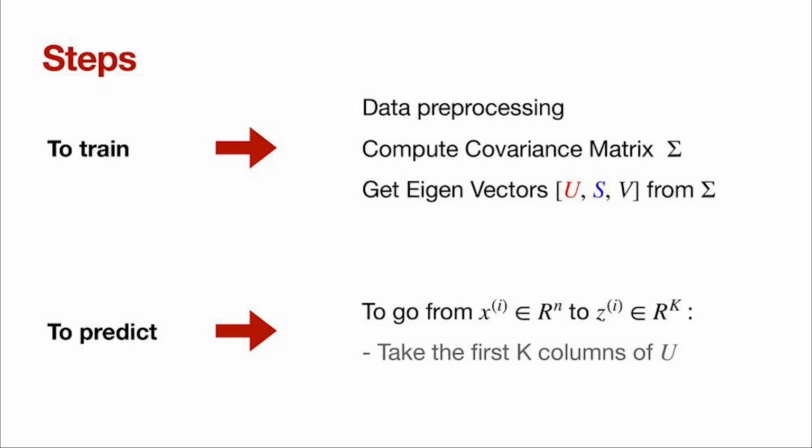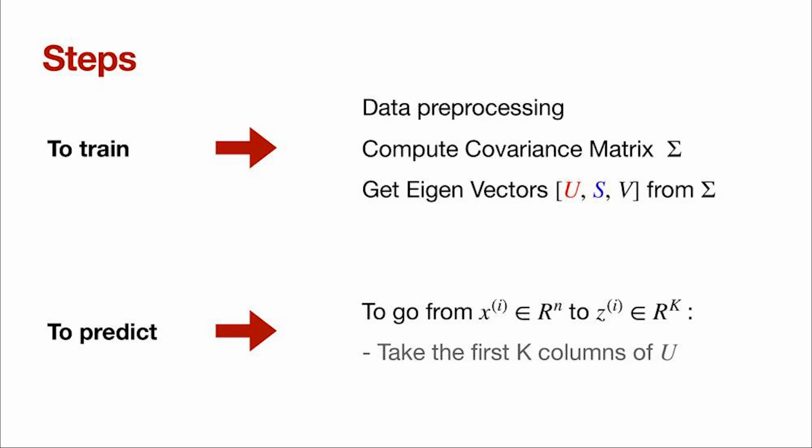Now, when you have this covariance matrix, you implement SVD, singular value decomposition. There are many libraries, even NumPy has that, sklearn has that. Just give it the covariance matrix and it will give you u, s, and v. Now that's all. That is the training part.